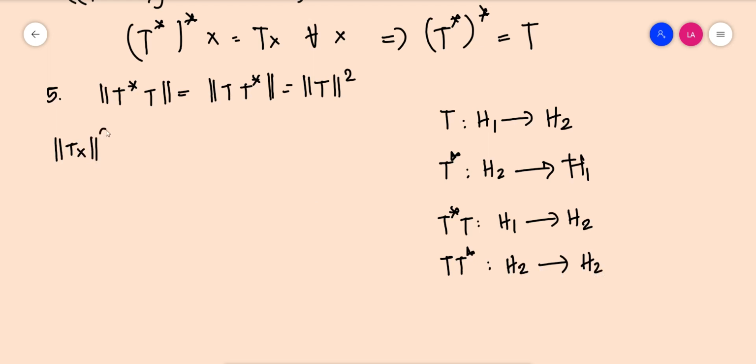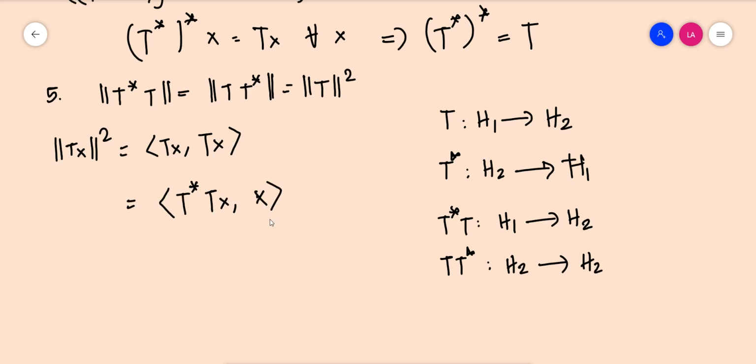Norm tx the whole square should be equal to inner product tx comma tx. Now t star is the Hilbert adjoint operator of t. Using property number 1, this can be written as inner product t star tx comma x.